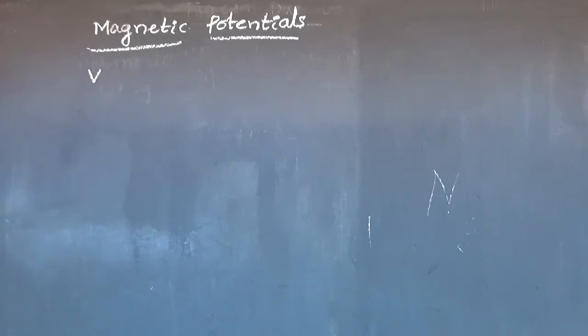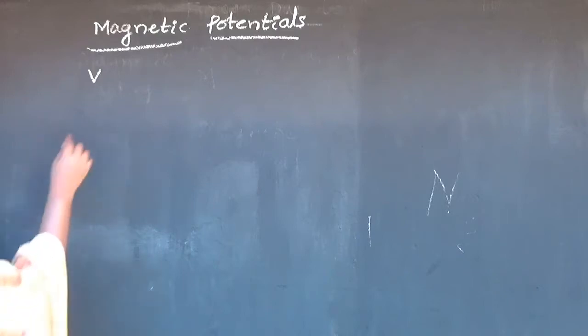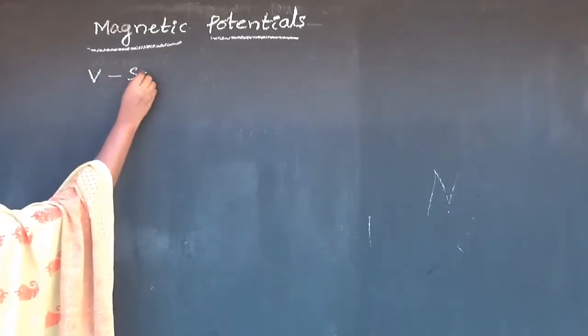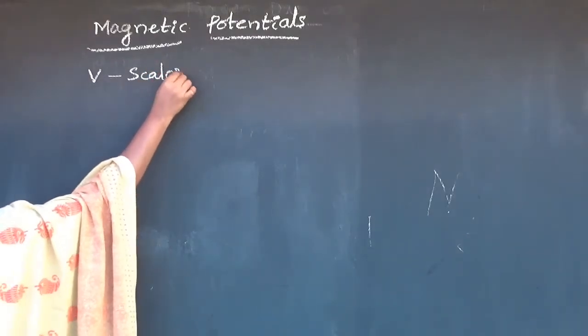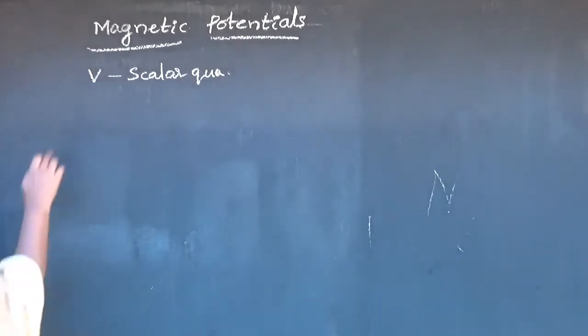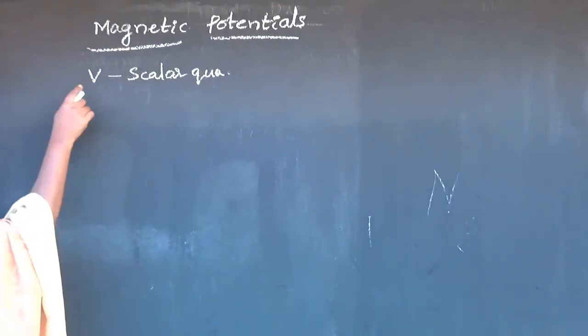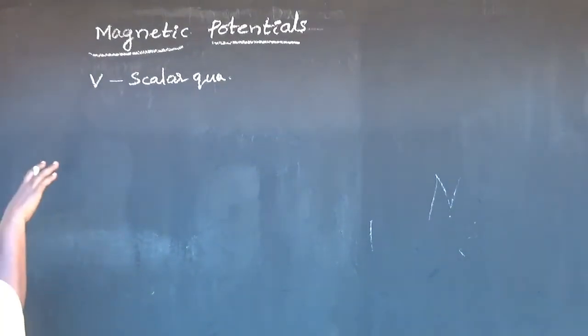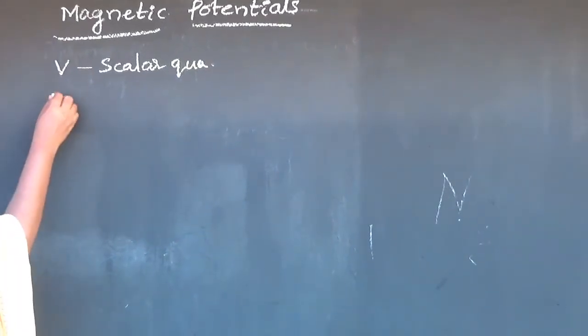In electrostatics, we know that the potential is V, which is nothing but voltage difference, and V is a scalar quantity. And we know the relation between potential and electric field intensity in electrostatics.